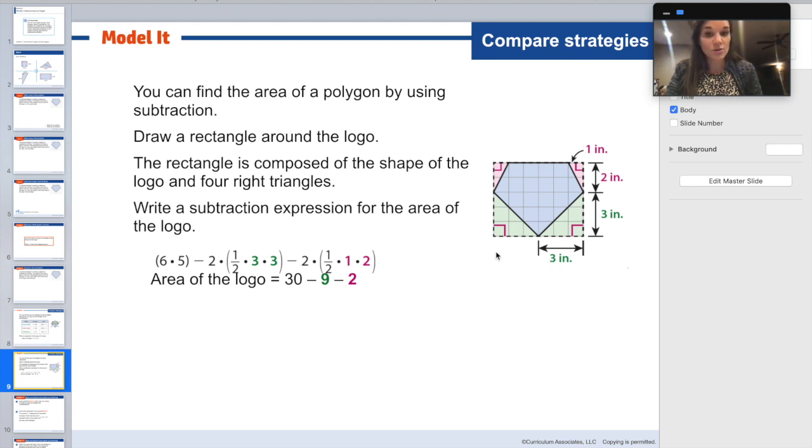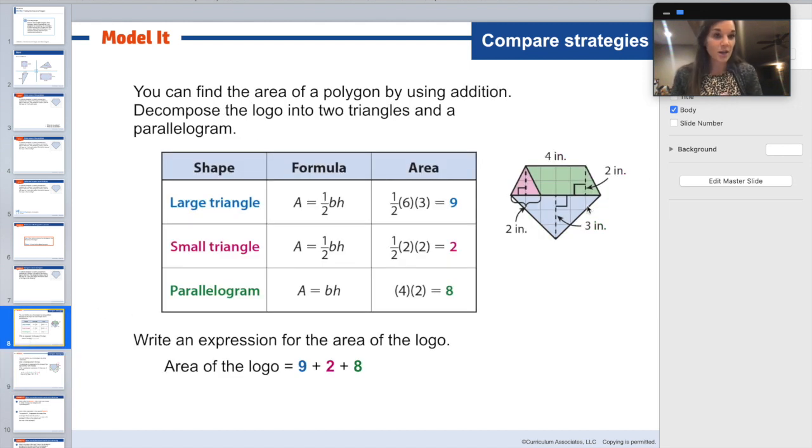And then you have these triangles that you find the area of. And then once you find those areas, you subtract them from 30. And that will help you get your answer of, what was our answer before? 19, right? Again, I don't love the subtraction one, it's a little bit more confusing, so I would prefer that you guys use addition. So, breaking up the shape into shapes that we know how to find the area of.